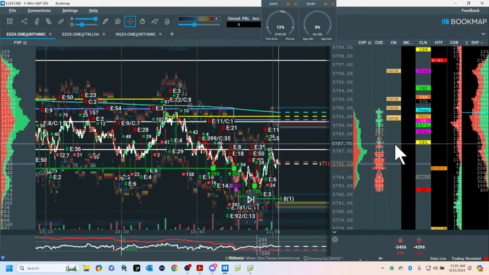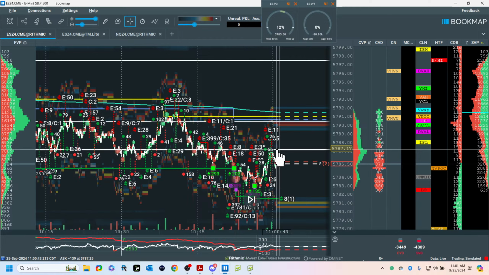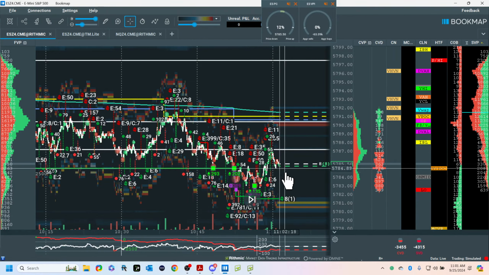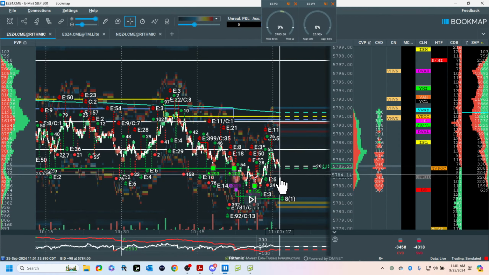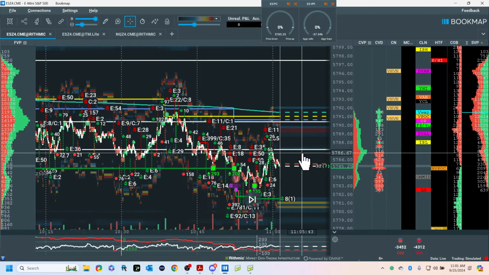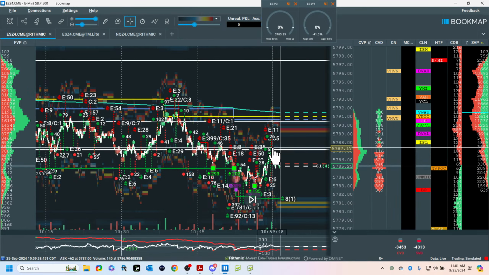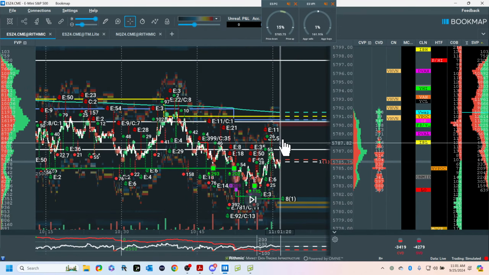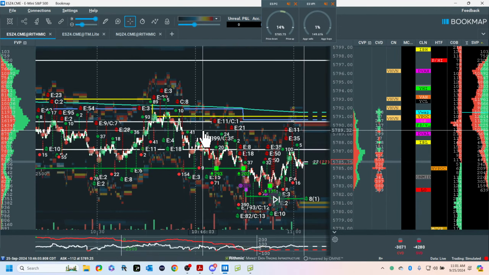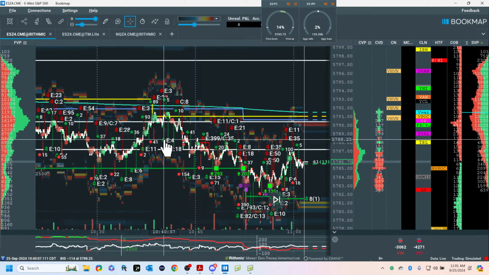The low volume node or outside edge of this distribution is right around the IB low. So it's a location for a continuation trade up in here. It's not a recommendation. The target is here. So it's about an 8-point trade if you take this. Not a recommendation, but your risk is out to here. So we'll see it. We'll see what it does.